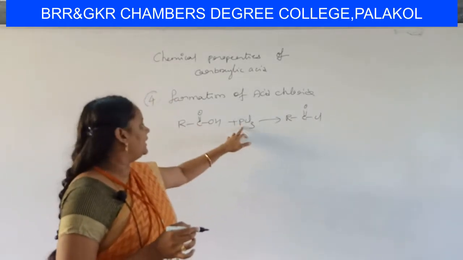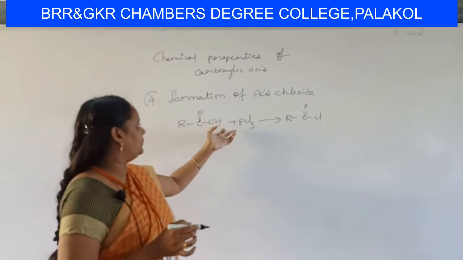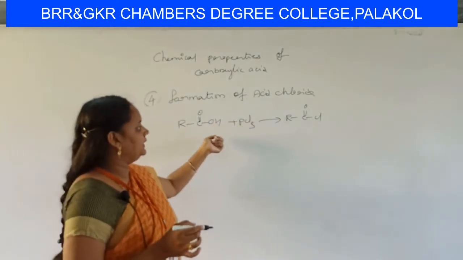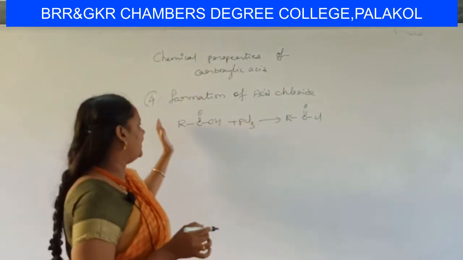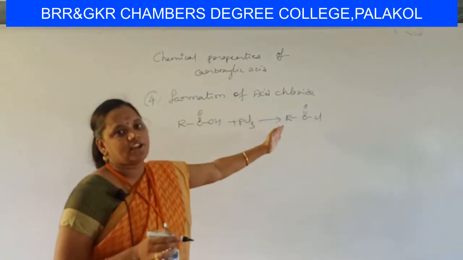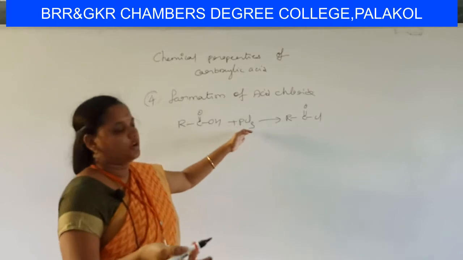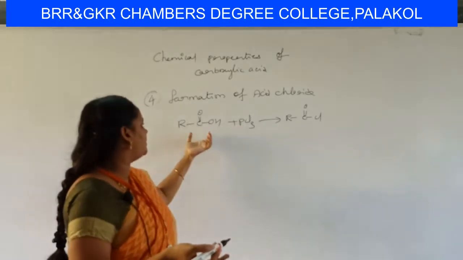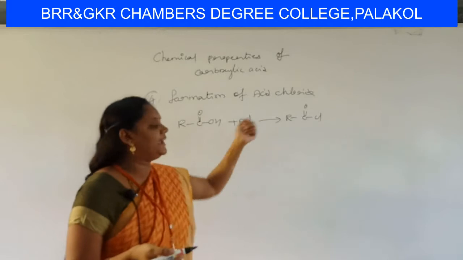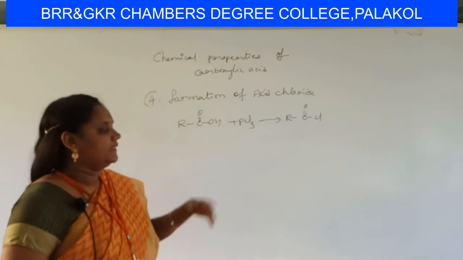Another byproduct will be POCl and HCl. If you take 3 moles, you will get 3 moles of RC double bond OCl and byproducts. If you combine RC double bond OH with PCl3, you will get acid chloride as the main product.